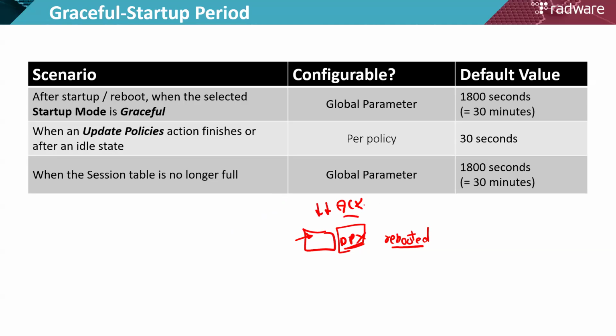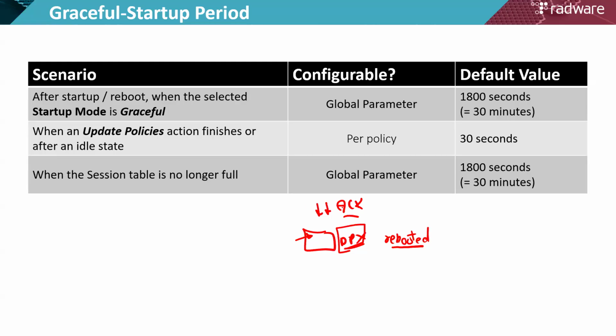This increases the number of out of state packets, and if out of state protection is on immediately after the DefensePro has been turned on, it starts dropping all the packets, and this leads to some issues.